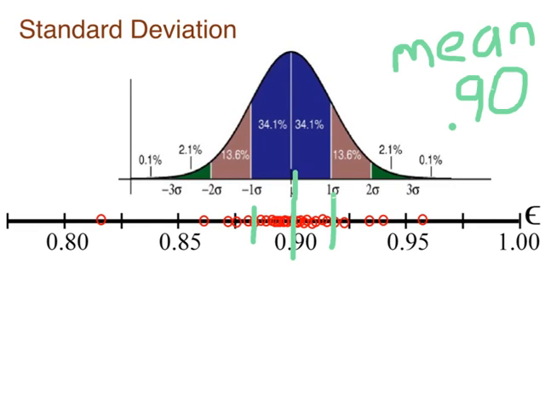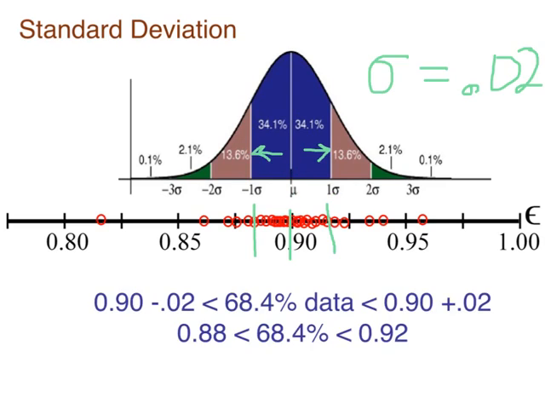Now when we go over that distance right there, from here to here, and the other way, in this case, that distance is probably about 0.02. We call that distance the standard deviation, and we use the Greek letter sigma for that.